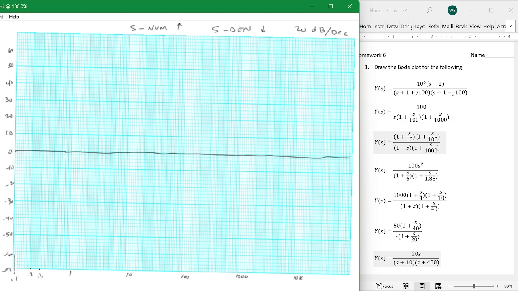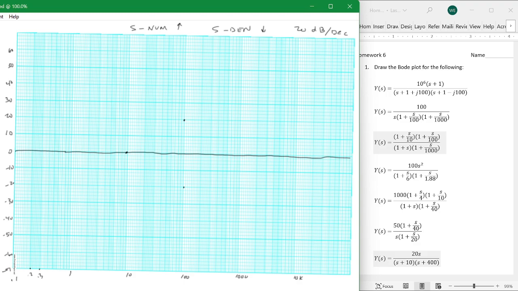So if I start at a point and I go over 10, I go up 20. So there would be my point, and I would draw a line from that forever. So 20 dB per decade is, you find your point on the x-axis, you go over 10 and up 20, or over 10 and down 20, draw your line, and it just keeps going. That's why the straight edge.